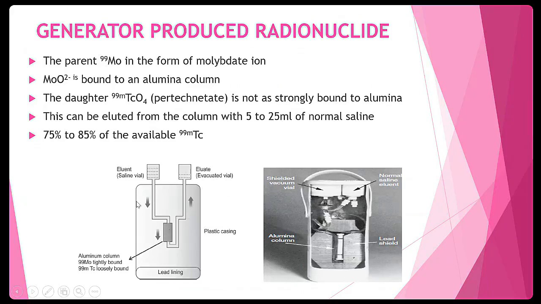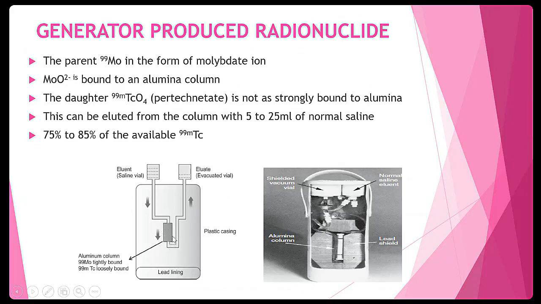This is the generator. We have eluent, we have eluate, and we have an aluminum column. In this there will be 99 molybdenum in the form of molybdate, which will be bound in the aluminum column.